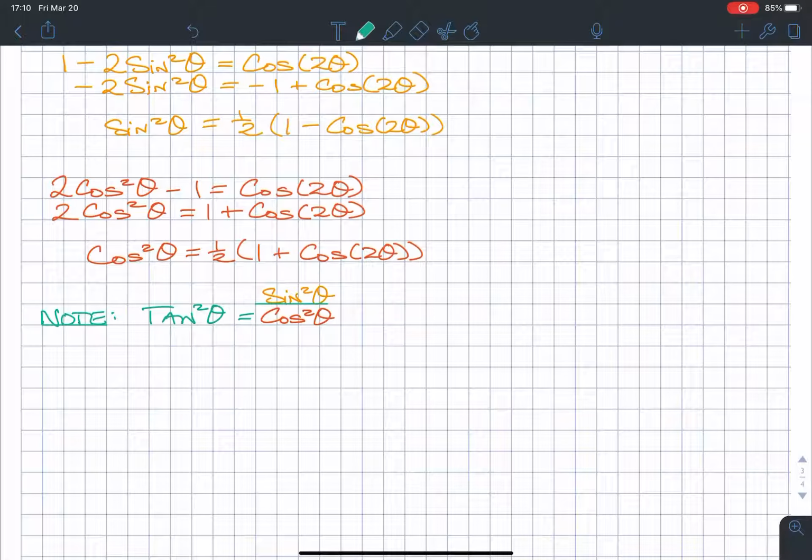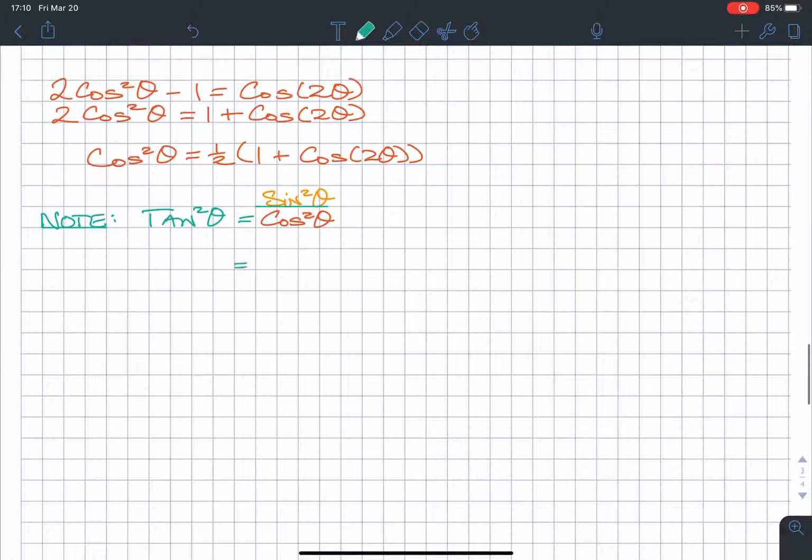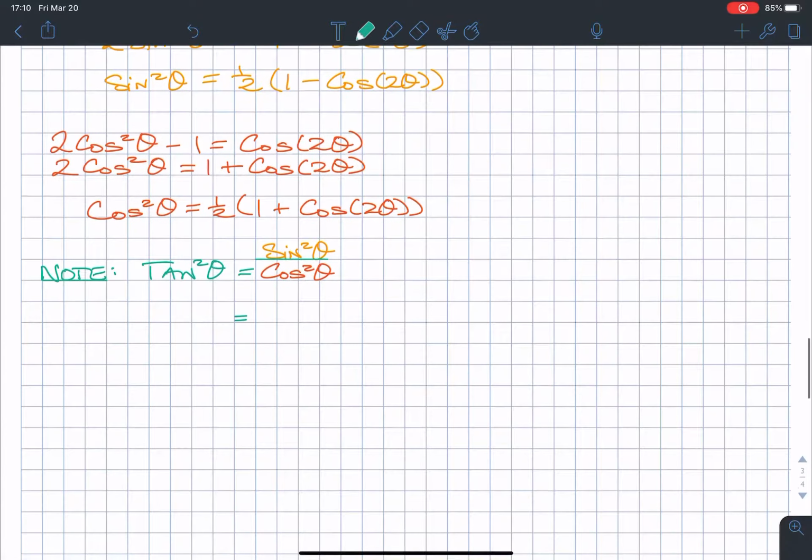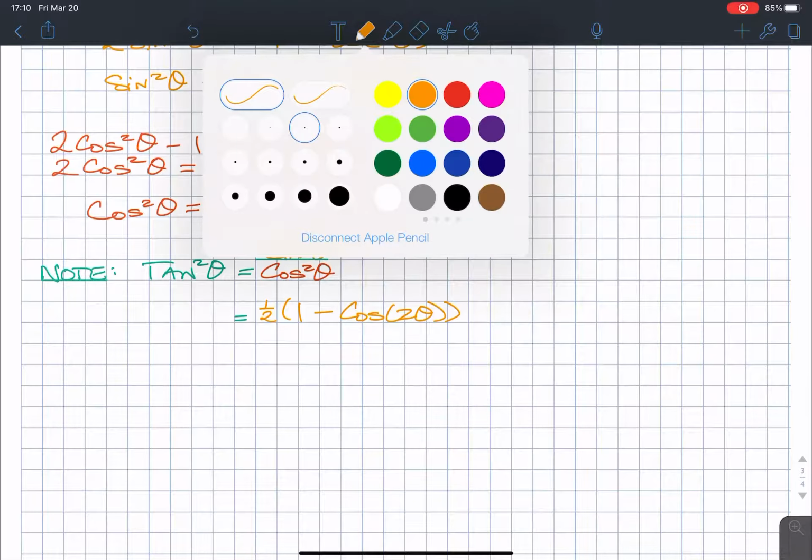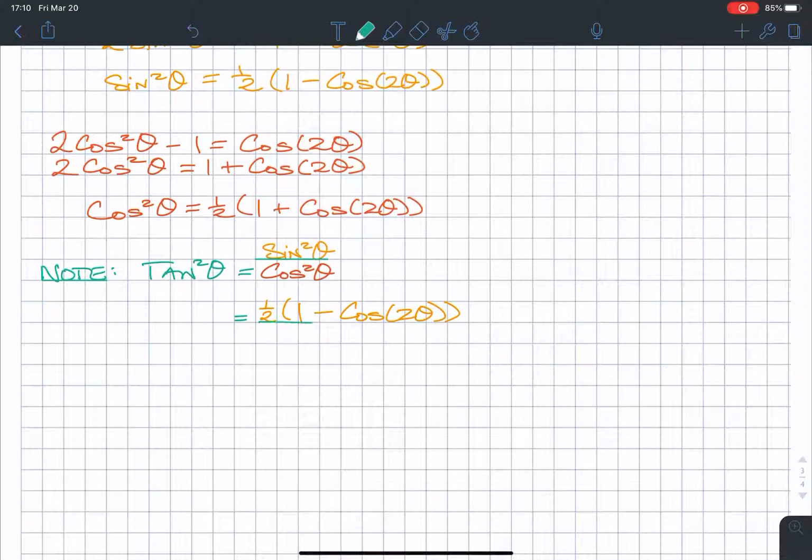So sine squared theta we found to be 1/2 the quantity, 1 minus cosine of 2 theta, whereas cosine squared theta we found to be 1/2 the quantity, 1 plus cosine of 2 theta.